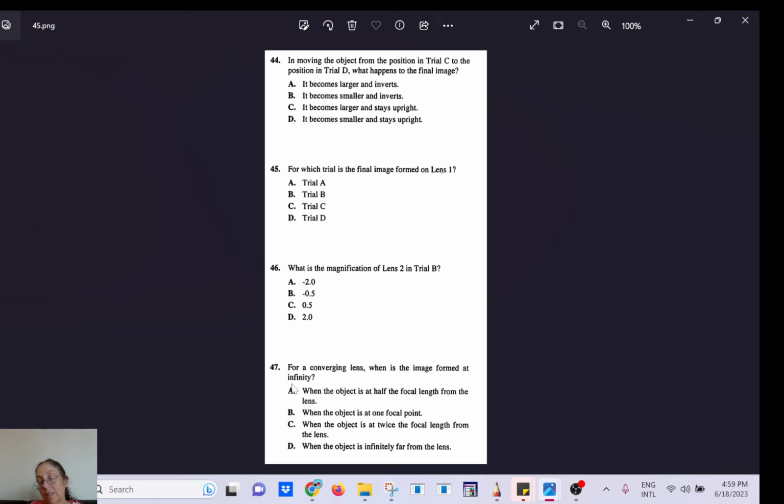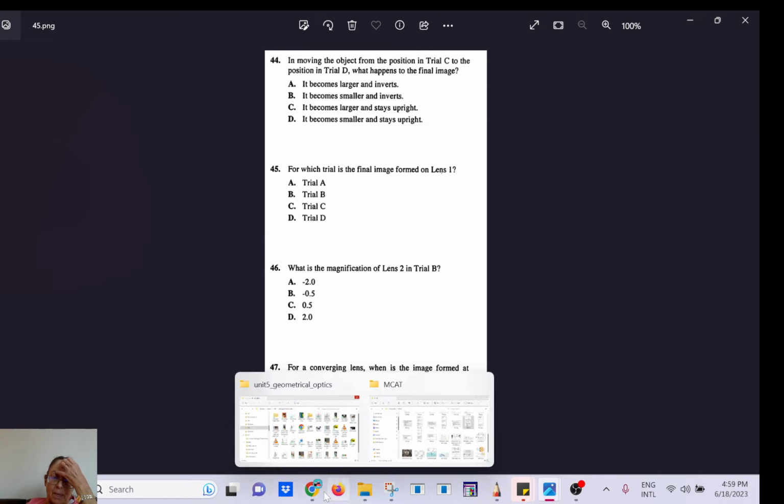Okay, here is another easy question for a converging lens, so nothing to do with the setup. When the image is formed at infinity, by definition that means the object is at the focal length, right?